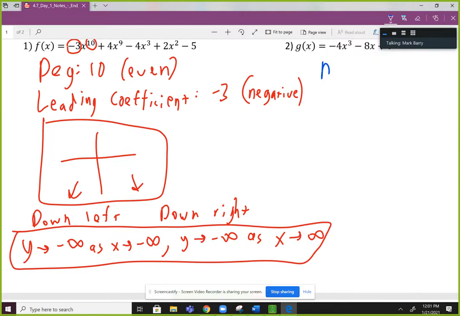So number 2, let's take a look at the degree. I'll give you guys a second to think about it. All right, does anybody want to type in the chat? What's the degree on this one?